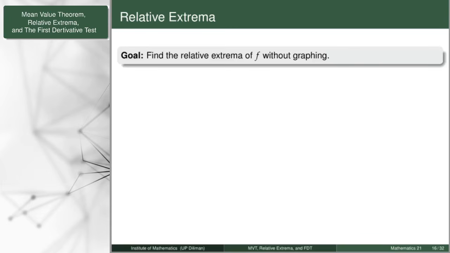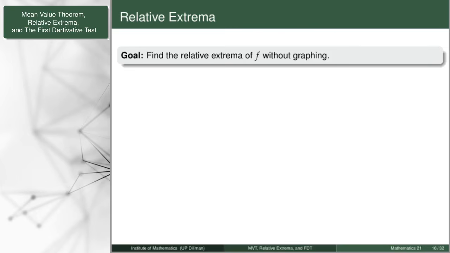Now, what is the goal? Now, we notice that relative extrema, especially in the graphical sense, is very easy to see as long as you can make a ball where it's the biggest or the smallest, attained at an interior point, you will have a relative extrema. However, to be honest, it's not really easy to graph.